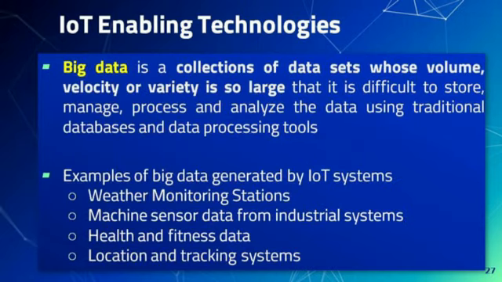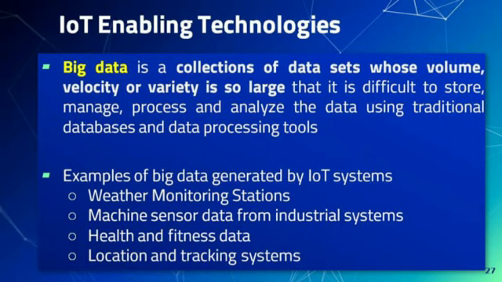Next is big data. Big data is a collection of data sets whose volume, velocity and variety are so large that it's difficult to store, manage, process and analyze the data using traditional database and data processing tools. Big data is a big topic. There are three V's: volume, velocity, variety.